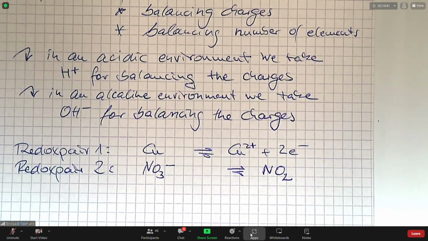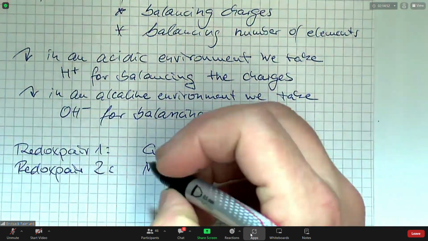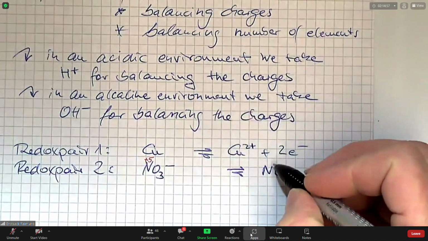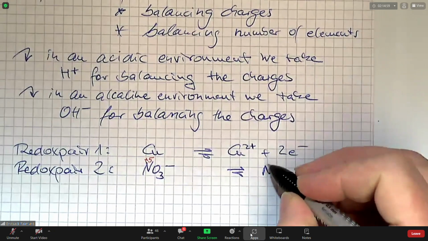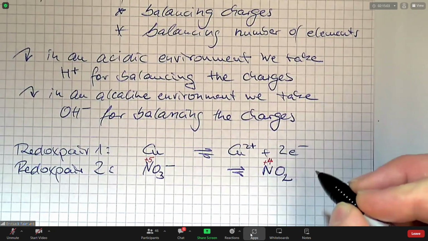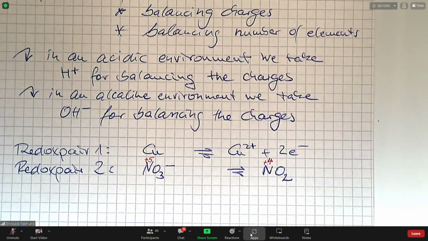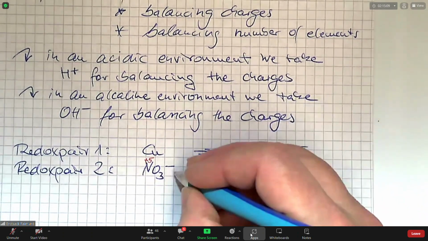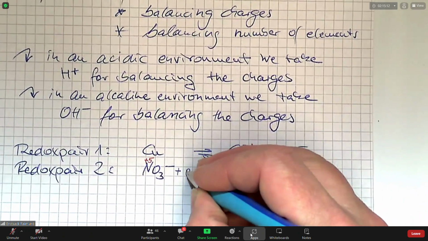First of all, what do we have to do? First of all, balancing the charges. So here we have +5 again. So what's the oxidation number here? +4. So how many electrons are taken? 1 electron.